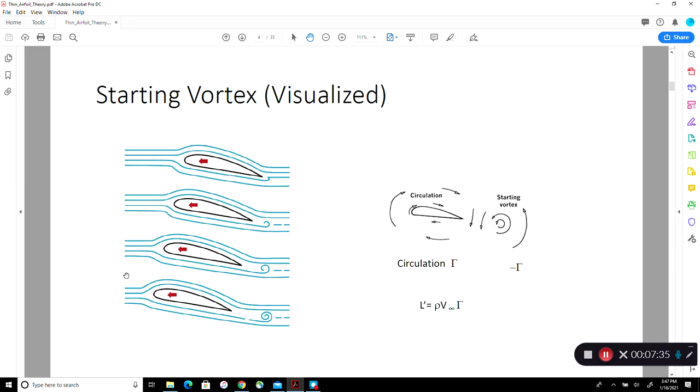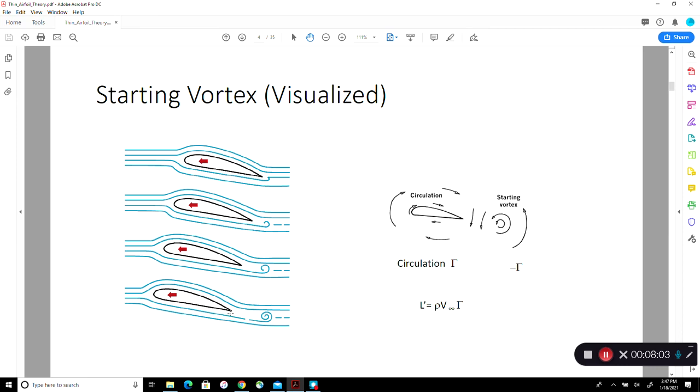So much later in time, if you still take the same box, including the same group of particles, still 0, except now we have a counterclockwise vortex, which we call a starting vortex. That means there must be a clockwise vorticity. It's not a single vortex, but it's a distributed vorticity structure on the upper surface and lower surface, the boundary layer. Does it mean the airfoil stops shedding vorticity in the wake?